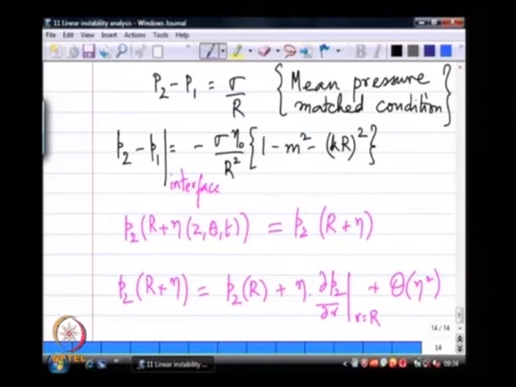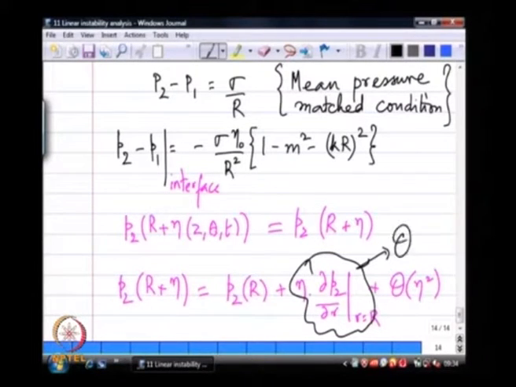P2 itself is an order eta or order epsilon quantity. So, this term is order eta squared already.